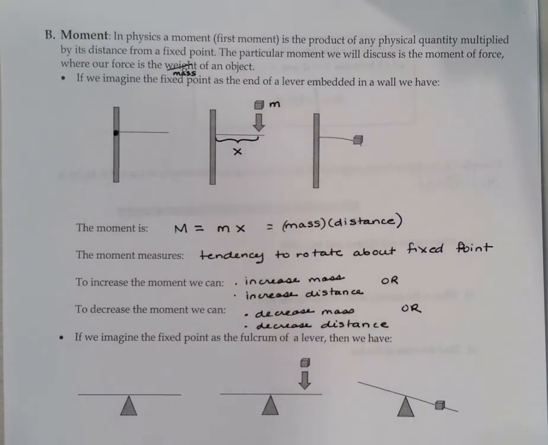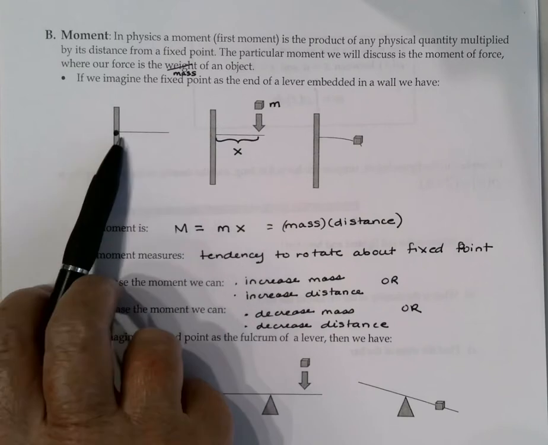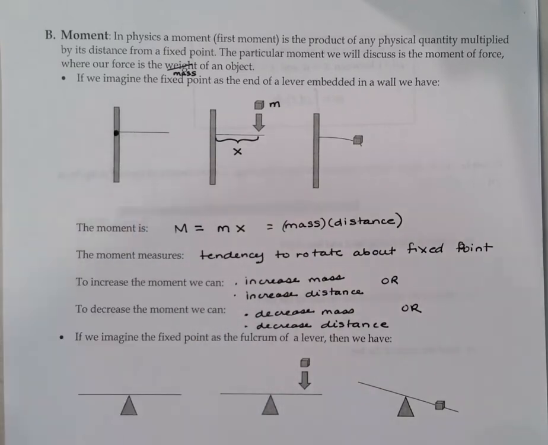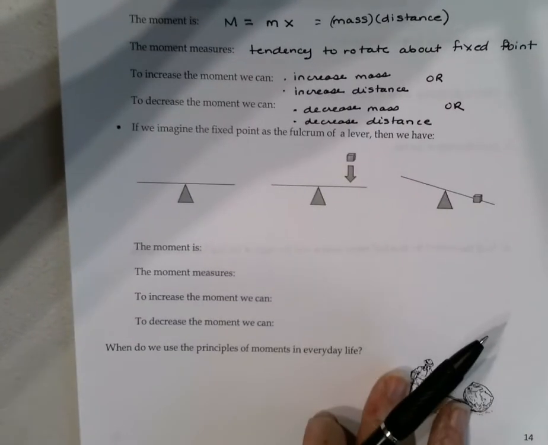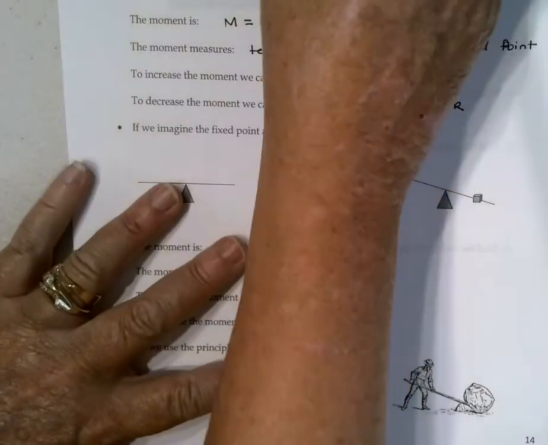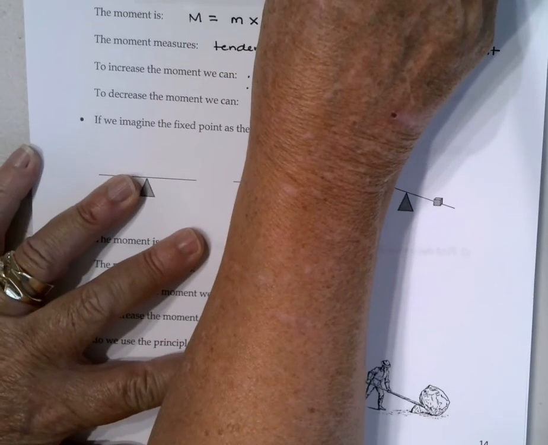Okay, let's go on a little bit more with our ideas of moment here. Here I was thinking of a lever as being embedded in a wall. Another way of thinking of our fixed point is like the fulcrum, kind of like the old-fashioned seesaws, right? Teeter-totters.